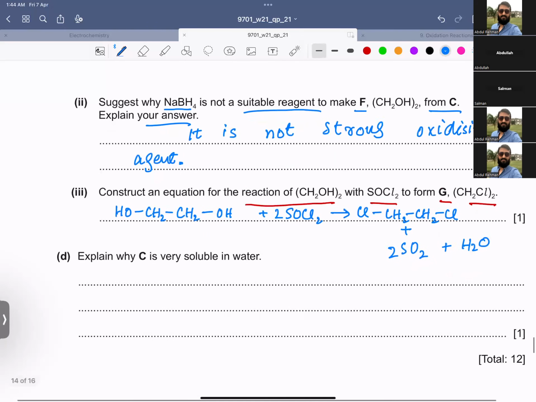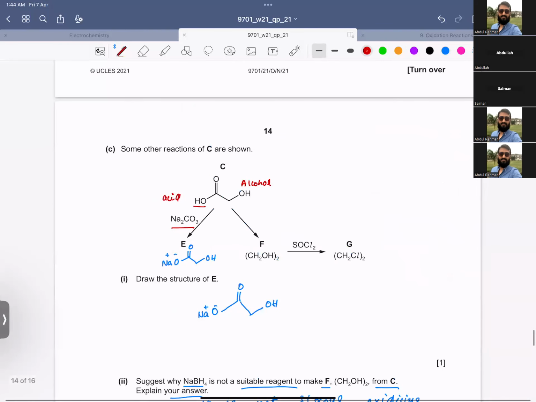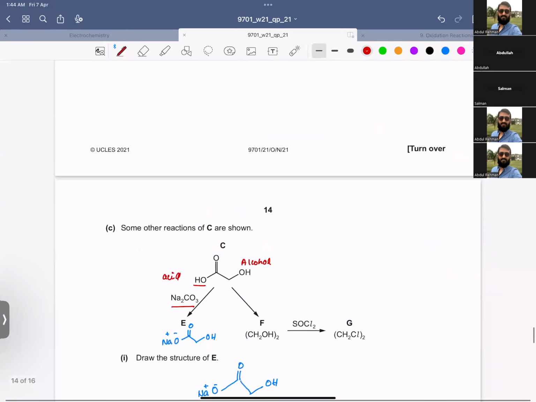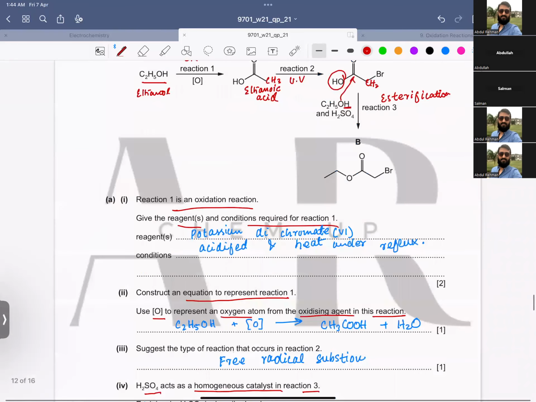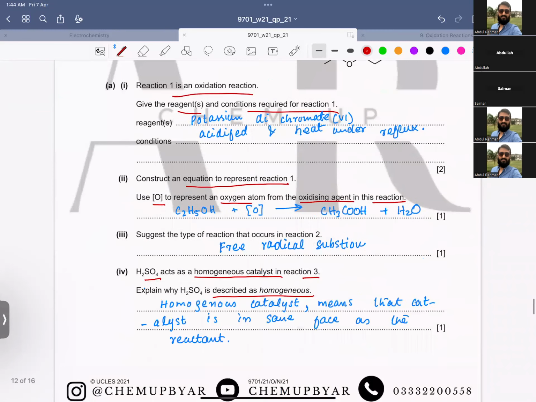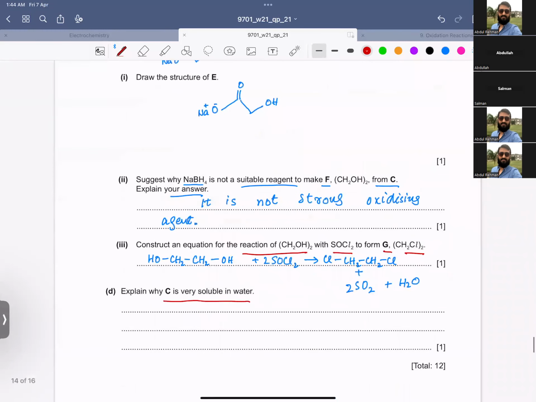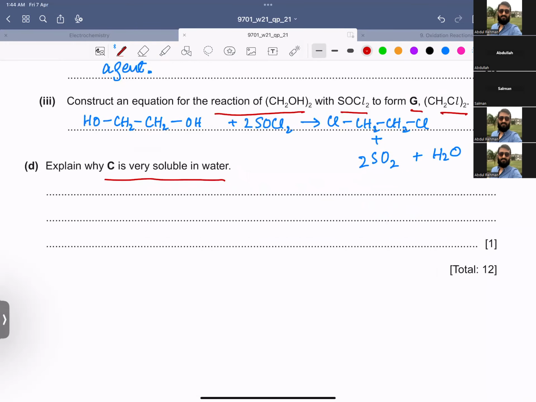Now, the last part. Explain why C is very soluble in water. If you look at C, where is C? And if it's soluble in water, it clearly means there is a property which a covalent compound in water has, which is hydrogen bonding between its molecules.